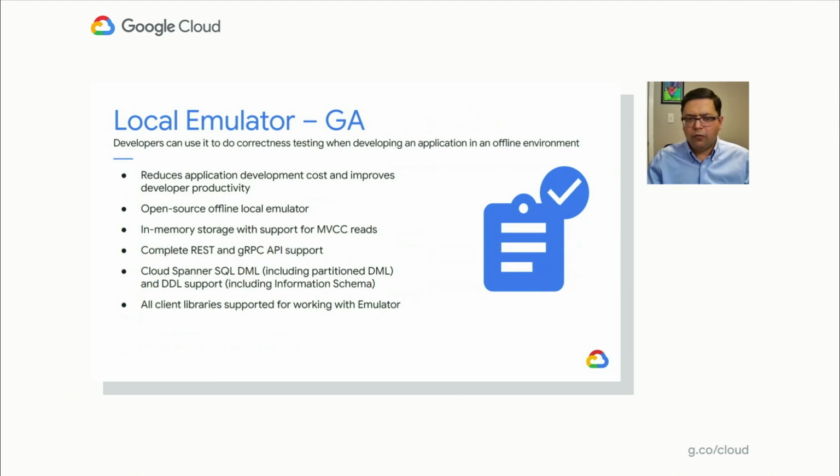It is an offline, open source local emulator. The code is open, you can take a look. It's in a GitHub repository. It offers complete REST and gRPC API support, and it offers SQL, basically DML and DDL support. Most importantly, it has complete support for information schema as well.